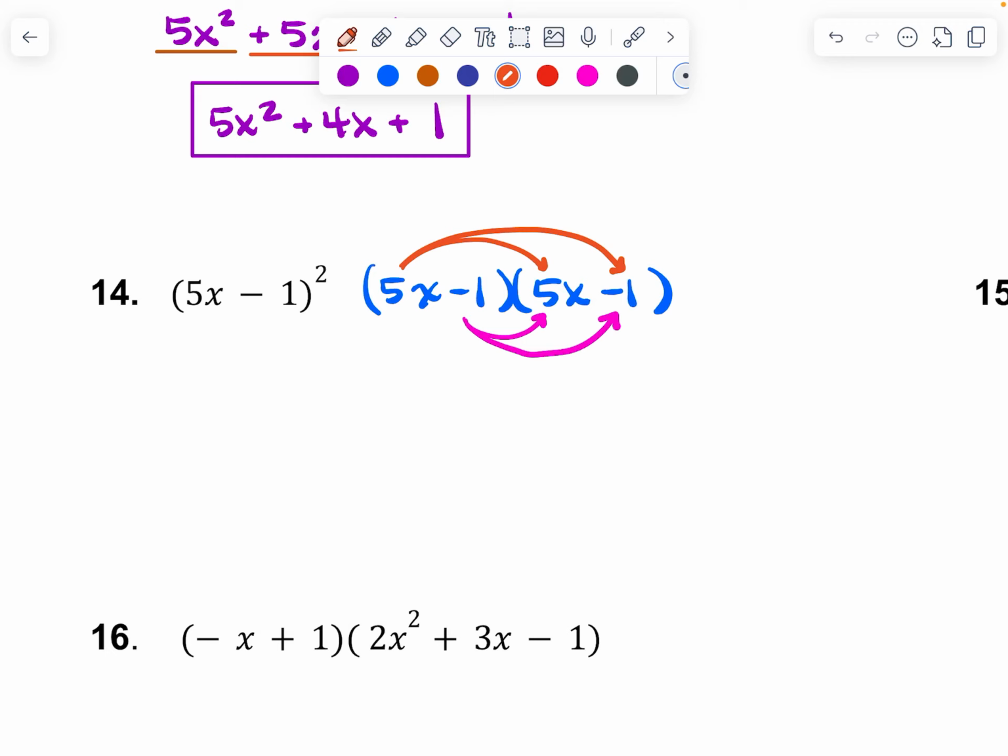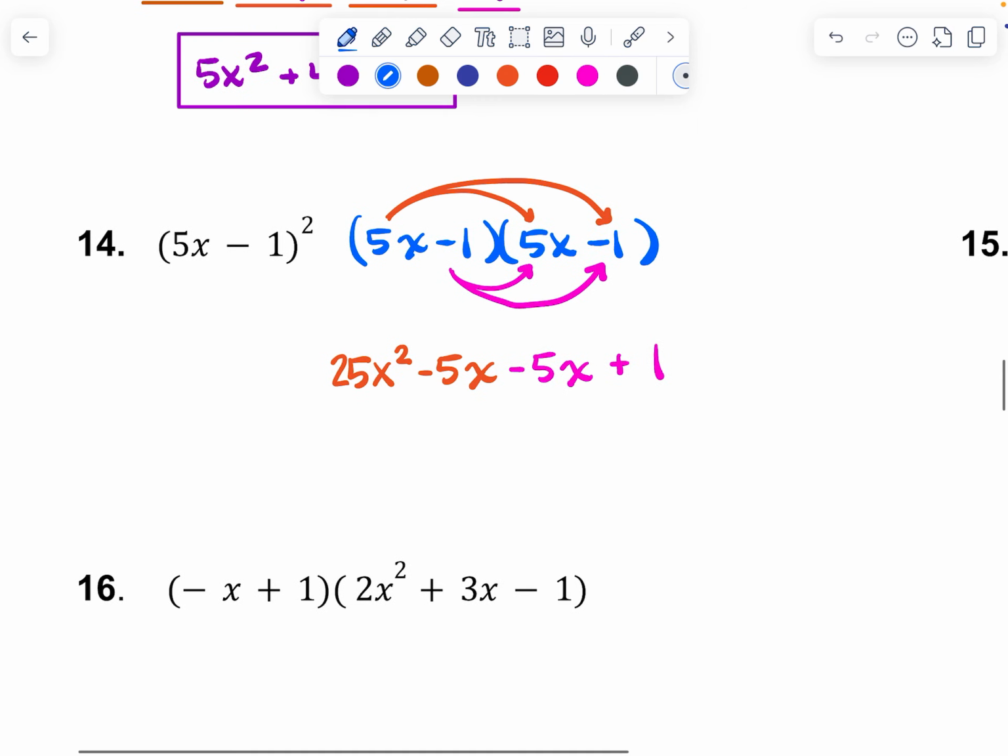All right, so here we do that. We're just going to go pretty quick here. 5x times 5x. It's not just 25x, it's 25x squared, because when we multiply, we add the exponents. And then 5x times negative 1 is negative 5x. Now I distribute the negative 1 to everybody, which gives me another negative 5x. And then negative 1 times negative 1 is a positive 1.